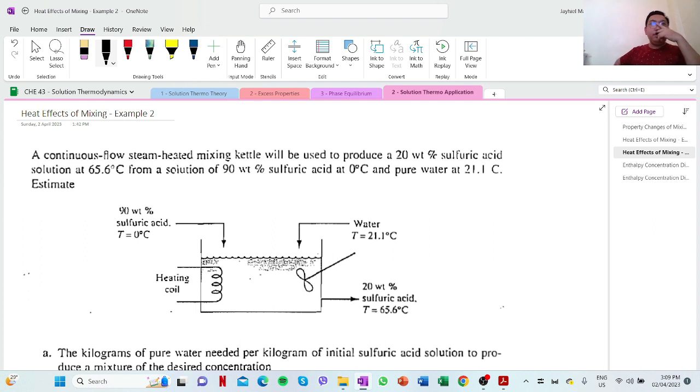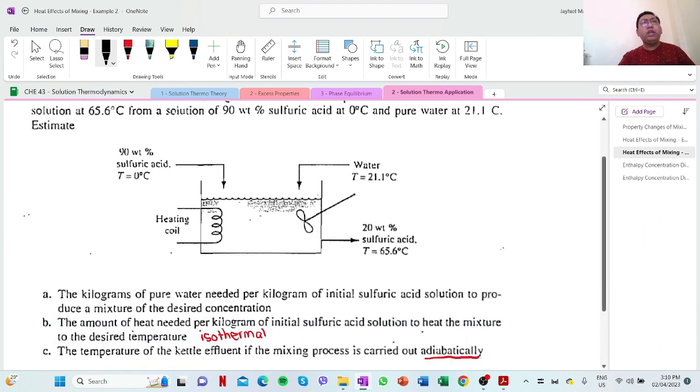There are no given values for the incoming and outgoing streams, so I think we can use a basis for this one. But the required here is kilograms of pure water per kilogram of initial sulfuric acid solution. So this is basically just a ratio.